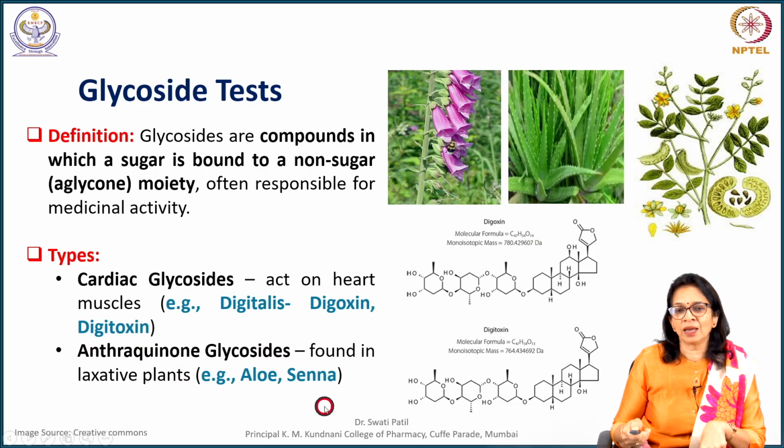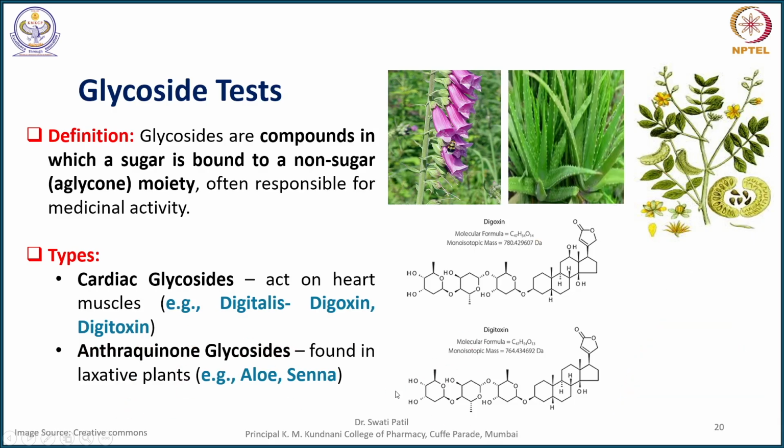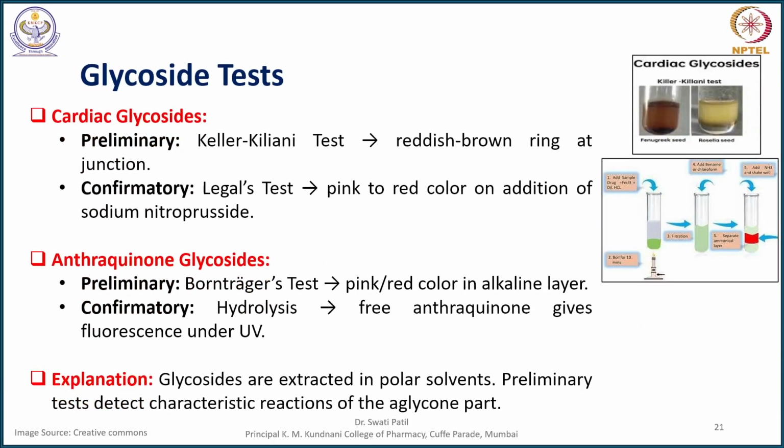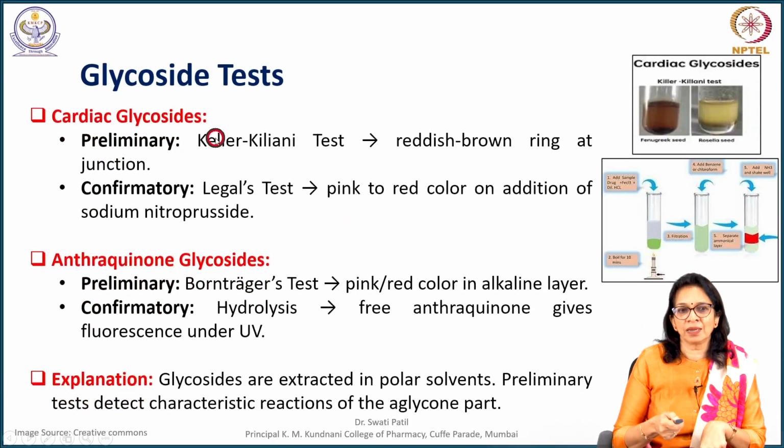Anthraquinones are quinone structures. For cardiac glycosides, the Keller-Kiliani test gives a reddish brown ring at the junction. Legal's test gives a pink to red coloration on addition of sodium nitroprusside.